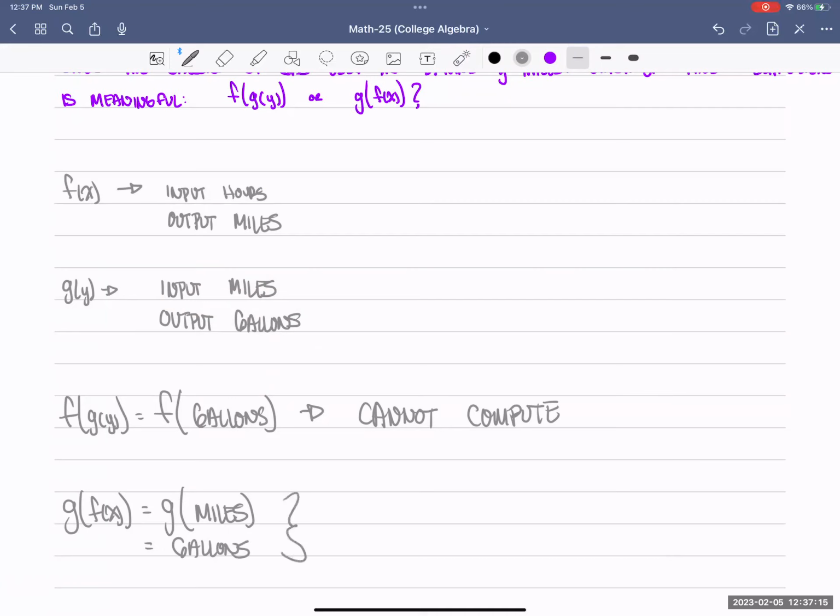So this one here makes more sense, or it's more meaningful, kind of wording the same way that the question was worded. So this is actually meaningful.